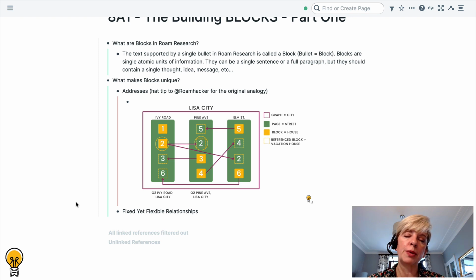Because of their multiple and fixed connections, they can appear magically and serendipitously right when you need most to see them. That's if you have a process in place to manage your blocks correctly. So, more about the types of relationships you can create, what I call block connections, in another video.